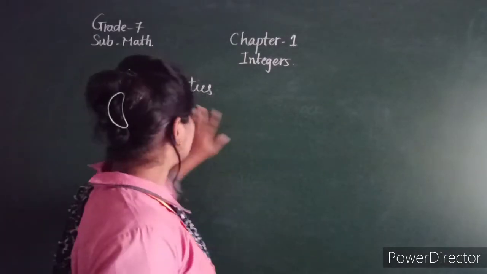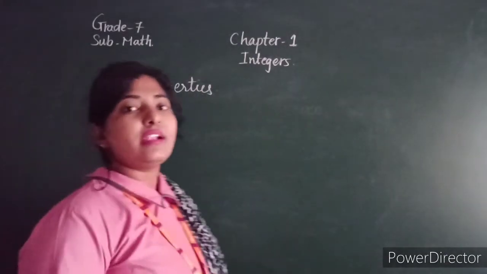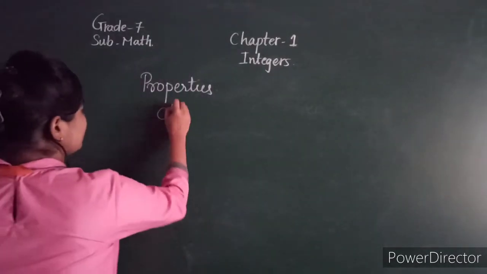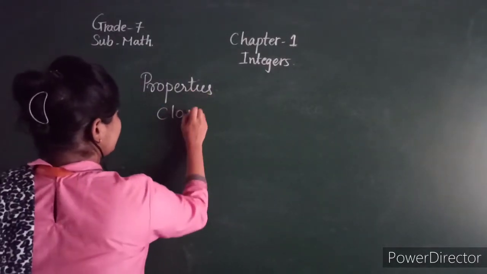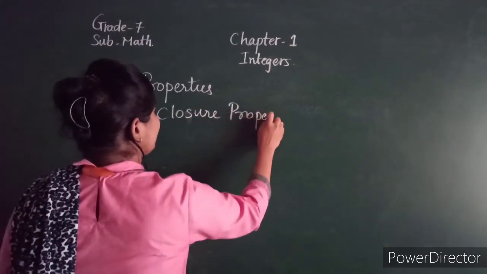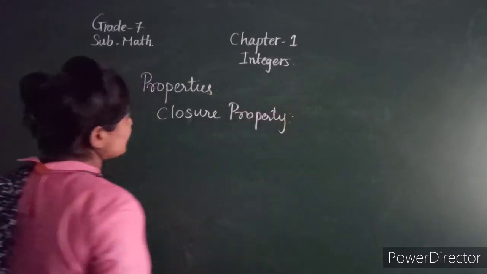Now come to the properties. There are different properties. First is the closure property. So what is the closure property?